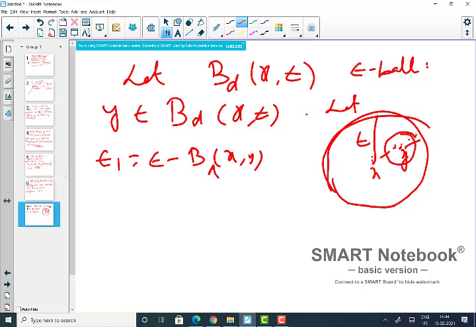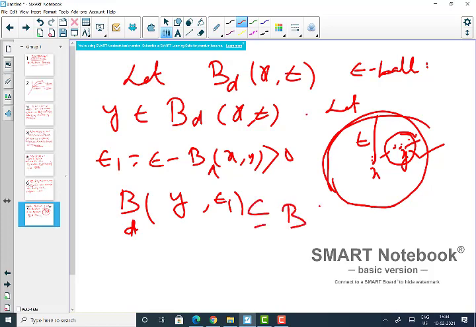Because y is sitting inside the epsilon ball centered at x, the distance between x and y is less than epsilon, so epsilon 1 is positive, and hence you can talk about the epsilon ball centered at y with radius epsilon 1. This is a smaller ball with respect to the same metric, and it is sitting inside the original ball. Okay, so this is the important observation.